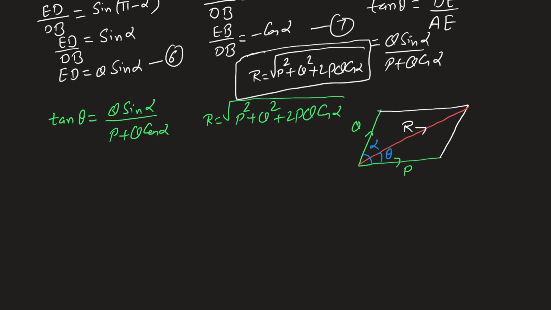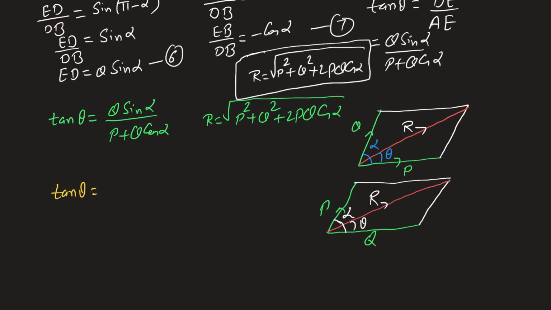Let me take it as, if this would have been the case, this is Q, this is P, and let me complete the parallelogram. This angle is theta, this angle is alpha. So what will be the formula in this case? In this case, you will write tan theta.